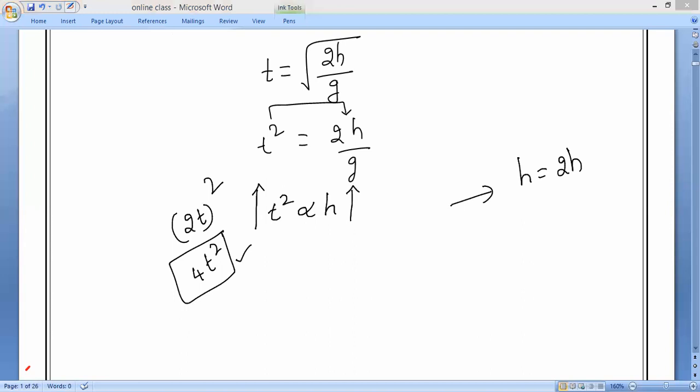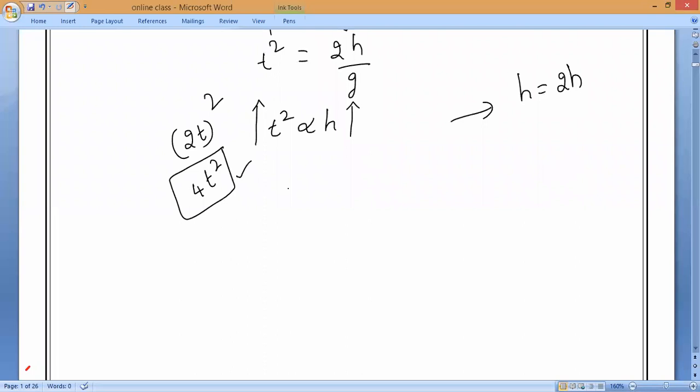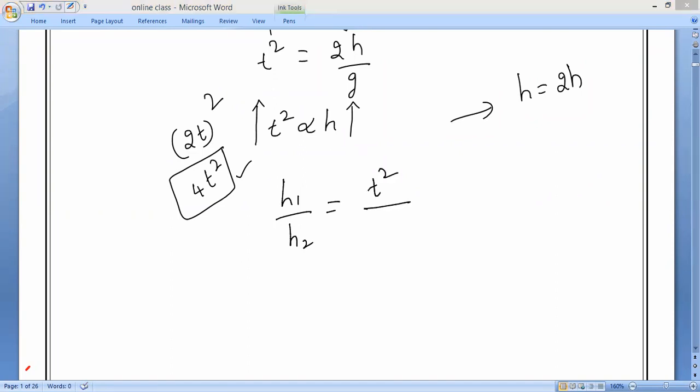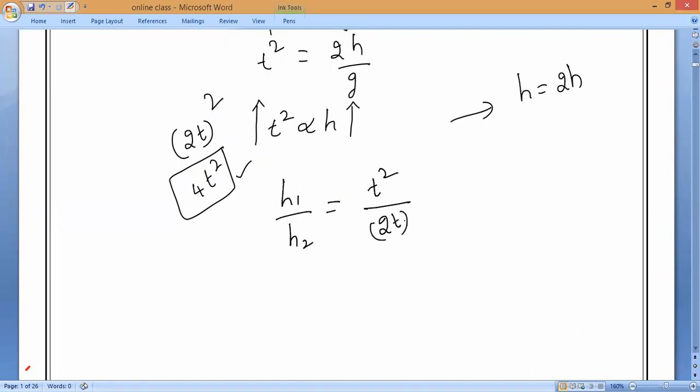Since h is directly proportional to t square, you can take the ratio h1 by h2. h1 divided by h2: h1 means t square, and h2 means 2t whole square.